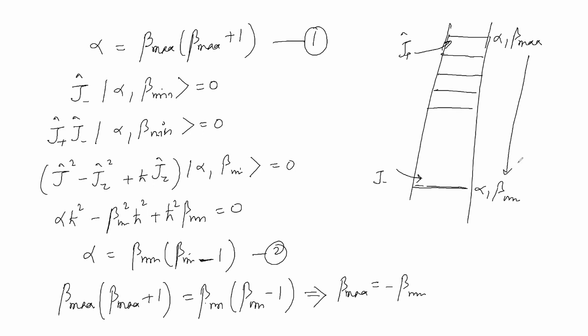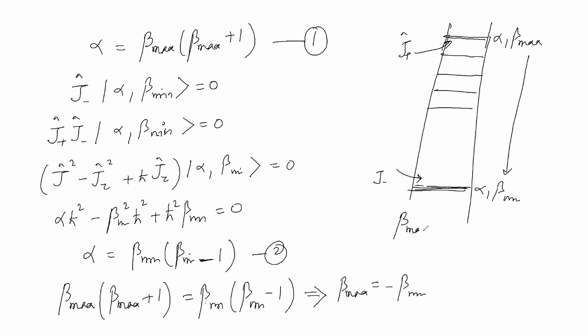Therefore we can say that the difference between beta max and beta min is the n number of steps that we walk down while moving from this rung in the stairs to this rung.